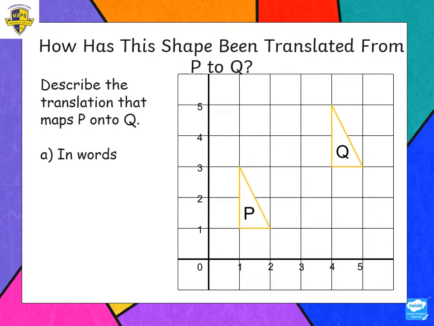This is 1 and 1, and on Q what's the coordinate for the new point? Good, 4 and 3. So here, x-axis, we move from 1 to 4. So how many steps? 1, 2, 3 steps. Excellent. Then from 1 on y-axis to 3, so there is 2 steps. So here the answer is 3 squares to the right and 2 squares up.